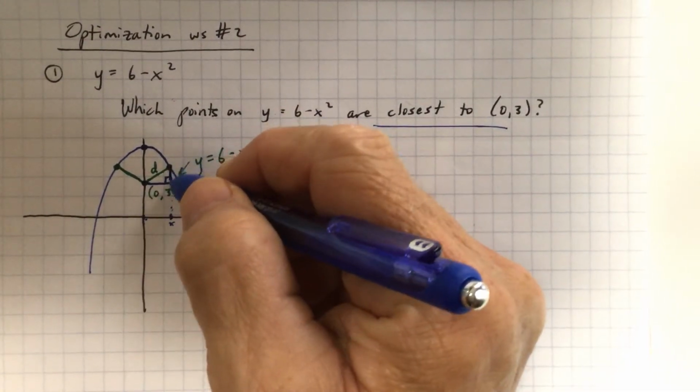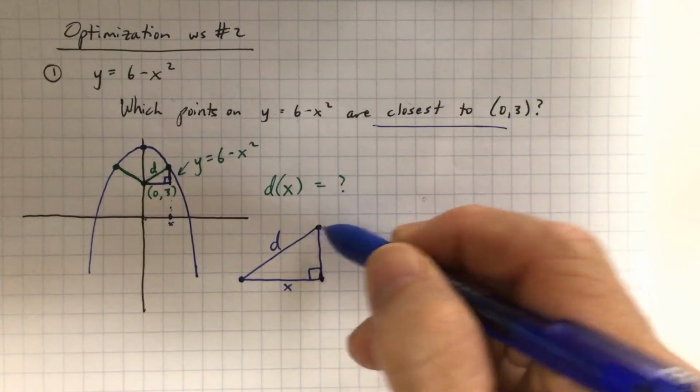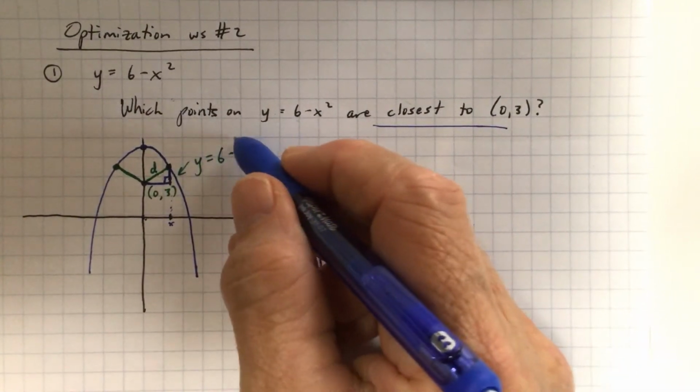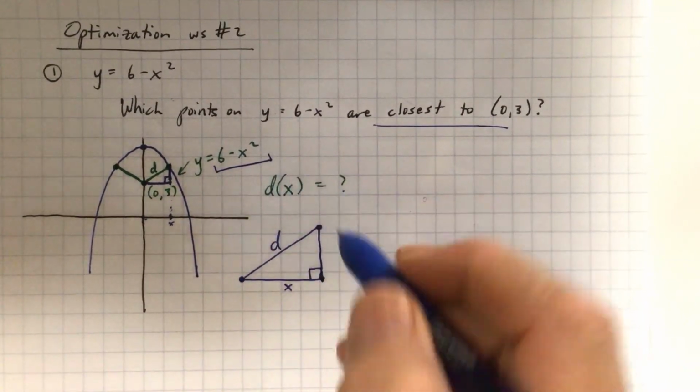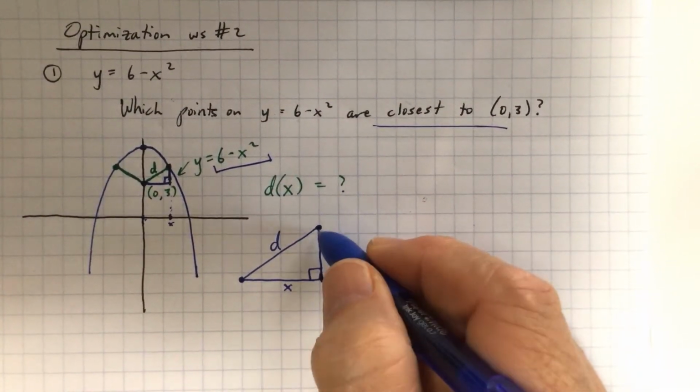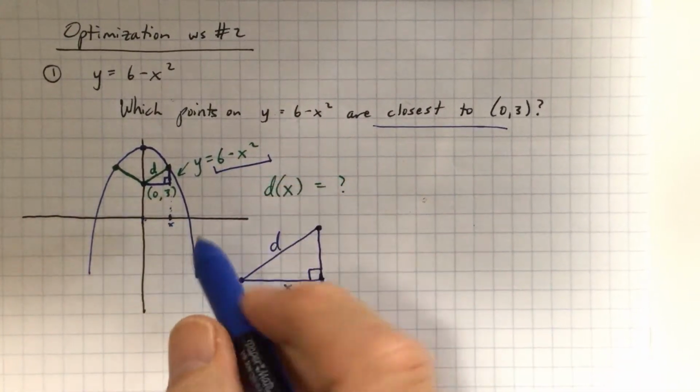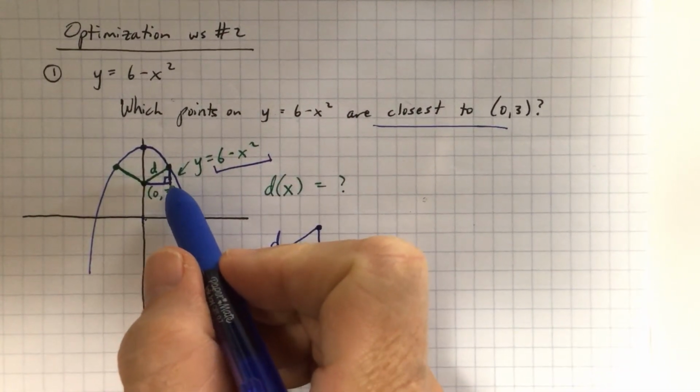And then, how far is this? Well, the y-coordinate of that point right there will have a value of 6 minus x squared. But that's not the length of that leg of the right triangle, because that leg doesn't go all the way down to the x-axis. How do we figure that out?